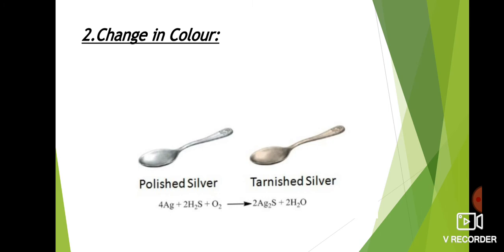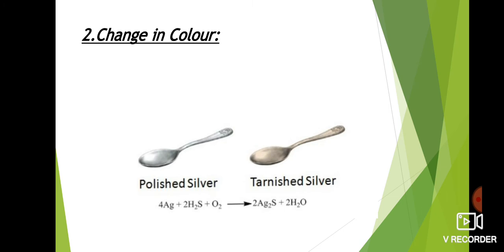So next change is change in color. Observe the silver gets tarnished when kept for a long time. The metallic silver reacts with hydrogen sulfide or sulfur that are present in air and gets tarnished. Observe this reaction.